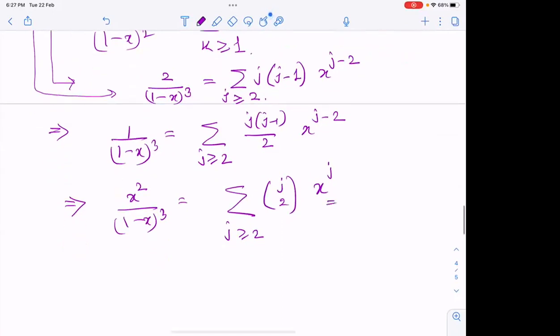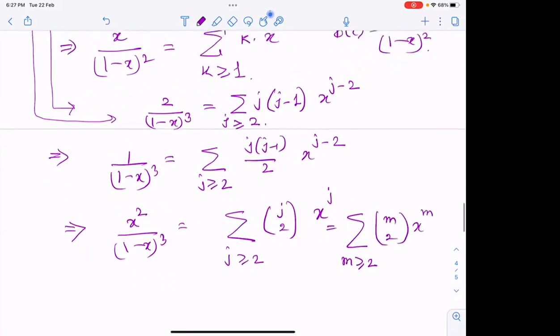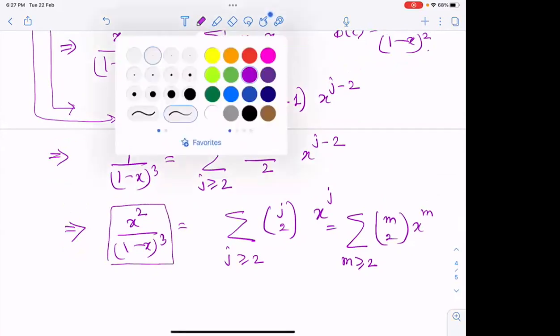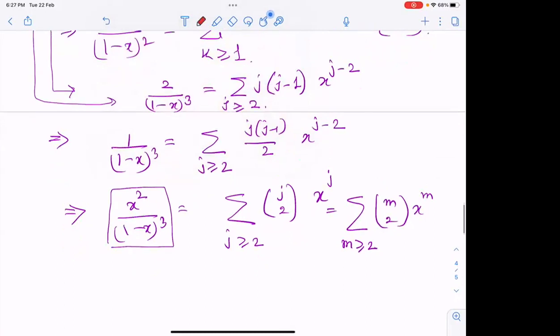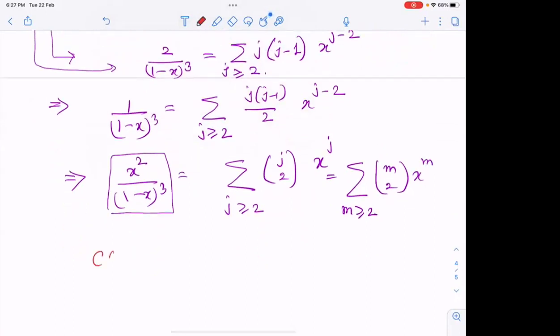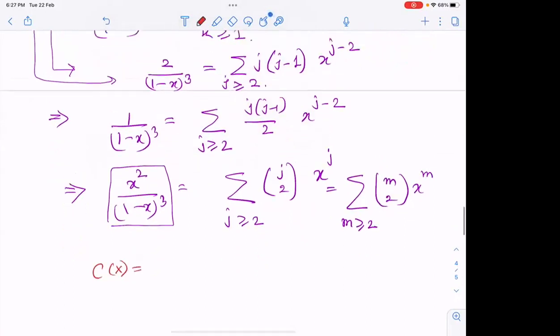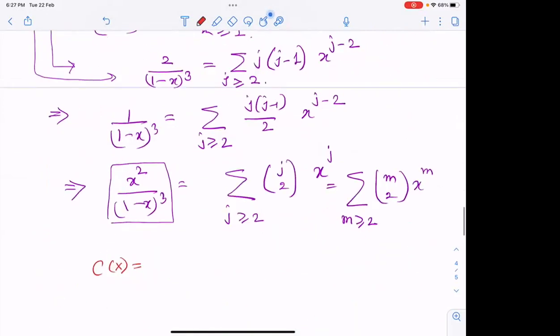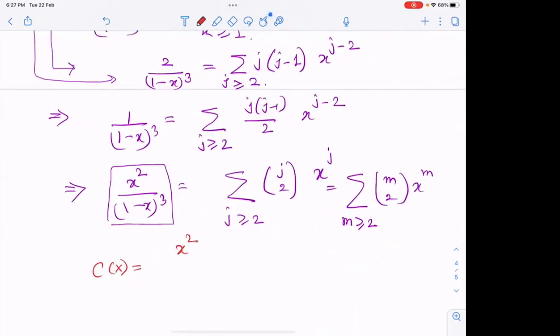By mistake I wrote it as j, I can just change it to m. So I got another generating function. Let's call it c(x), such that c(x) equals x squared by 1 minus x cubed.